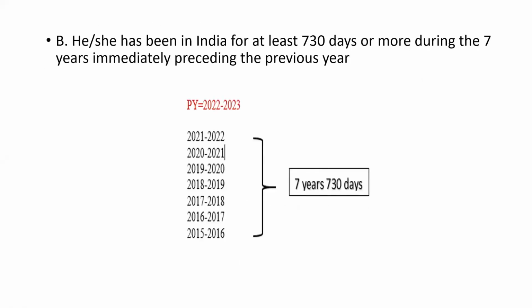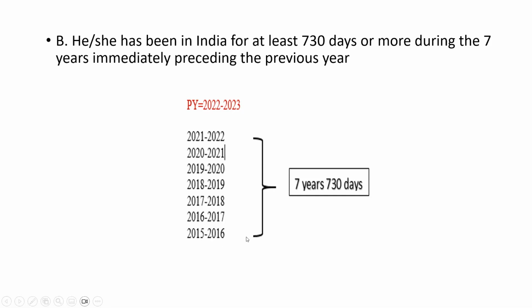And coming to the second additional condition, he or she has been in India for at least 730 days or more during the 7 years immediately preceding the previous year. So for example, for the assessment year 23-24, the previous year is 22-23, and the preceding 7 previous years are 21-22, 20-21, 19-20, 18-19, 17-18, 16-17, 15-16.